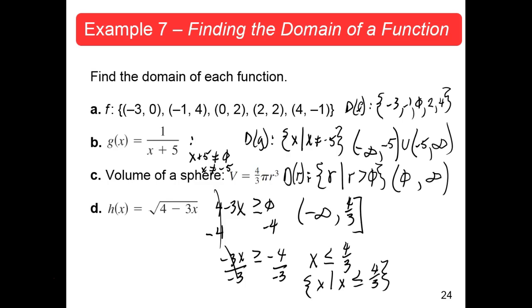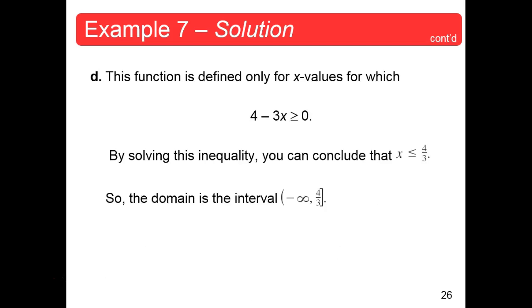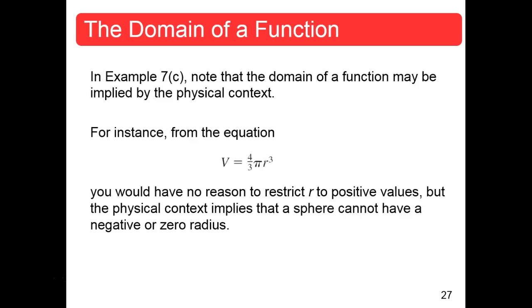Any real numbers will work there. But if you know it's the volume of the sphere, no, negative radii don't work, and negative volumes don't work. So the physical context is also an implied domain, and that's what they're getting at here.